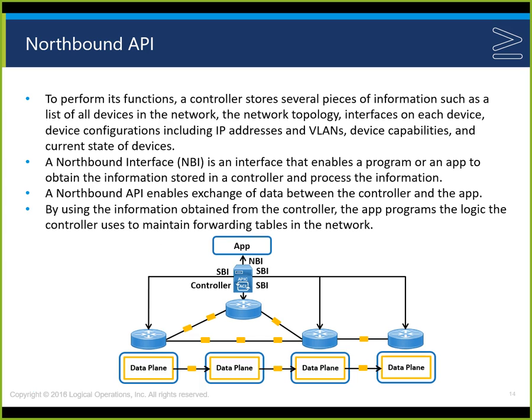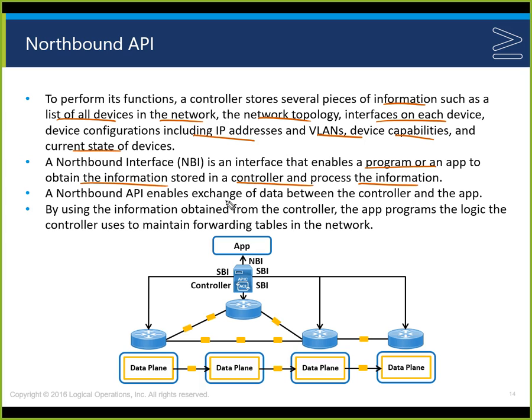The northbound interface: the controller stores several pieces of information, such as a list of all devices in the network, the topology, the interfaces for each of the devices, IP addresses, VLANs, the device capabilities, and the current state of the devices, up or down. The northbound interface enables a program or an application to obtain information stored in the controller and process that information.